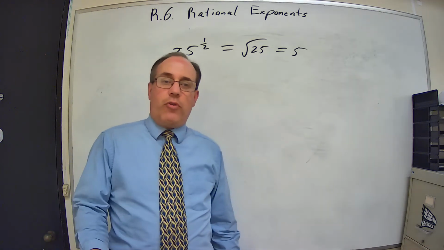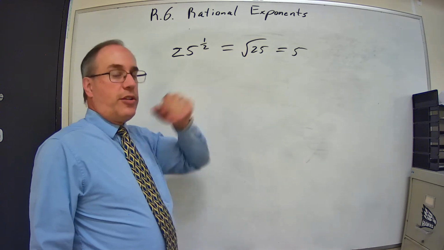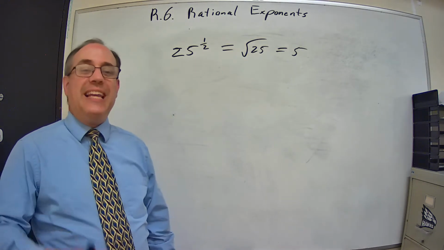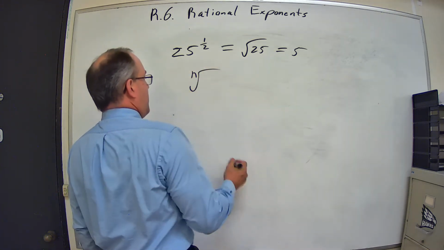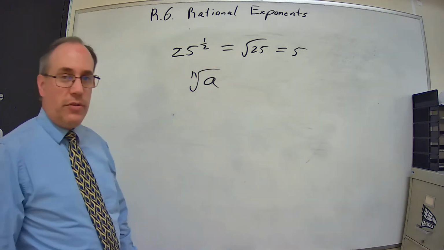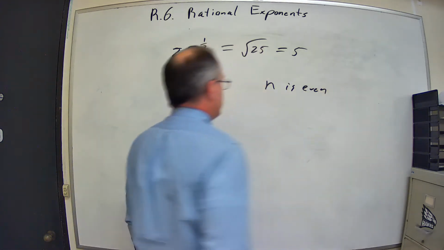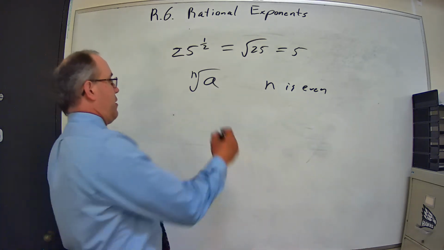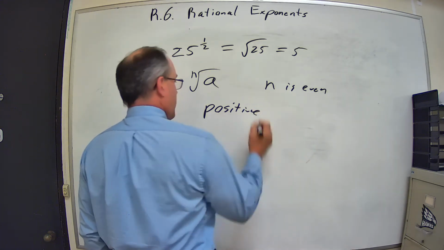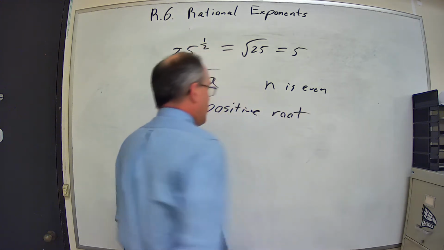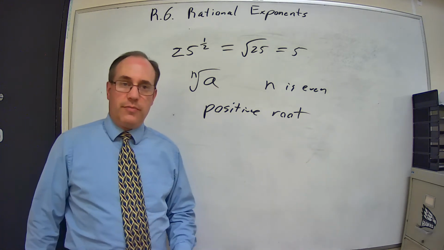But in general, we accept the square root, or I should say, the root of any even index, the nth root of some value, where n is even, then we accept the correct answer as being the positive root.